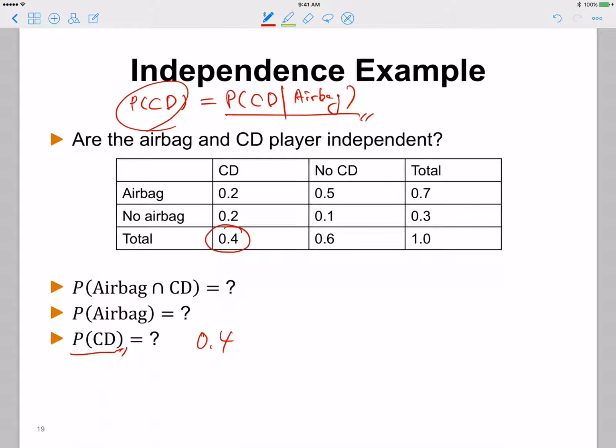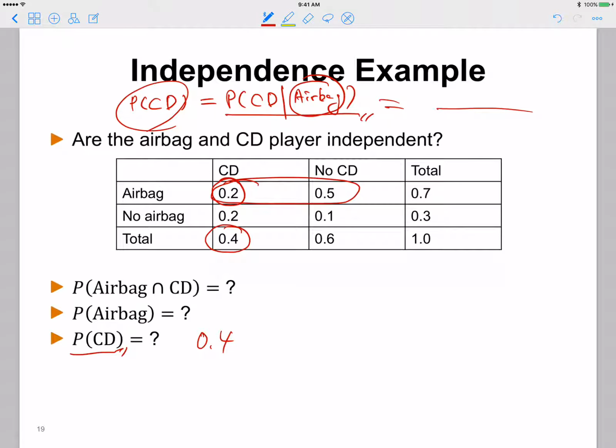Then what about this, P of CD given airbag? What is this probability? Okay, so we assume that airbag already happened, right? And then we only consider these two situations, considering this as our entire universe or entire set, and then we consider having the CD player within this universe.